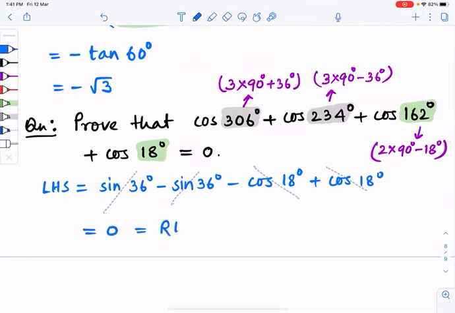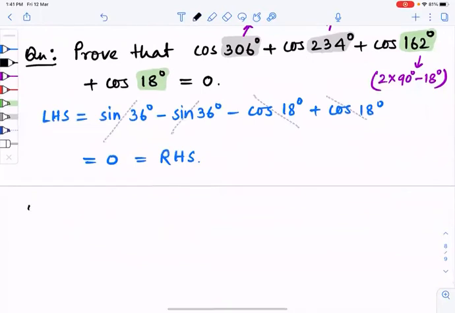This is our right hand side. Okay, so all these questions that we have discussed here are based on the allied angle concept and how to reduce this type of angle into smaller values. Let us take one question where we use a different notation, which is pi.